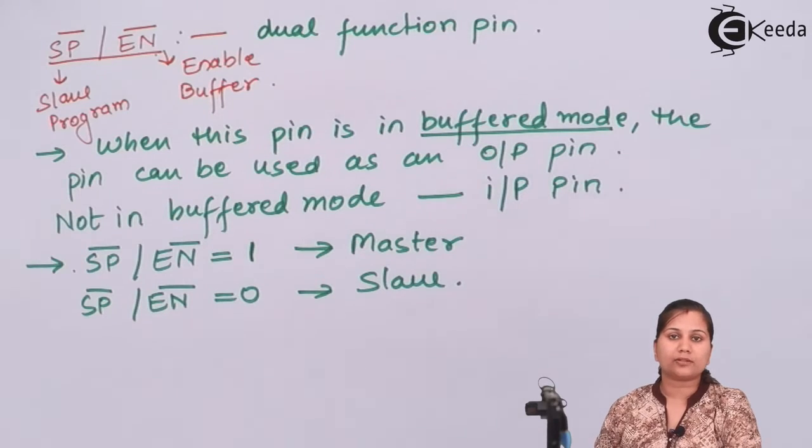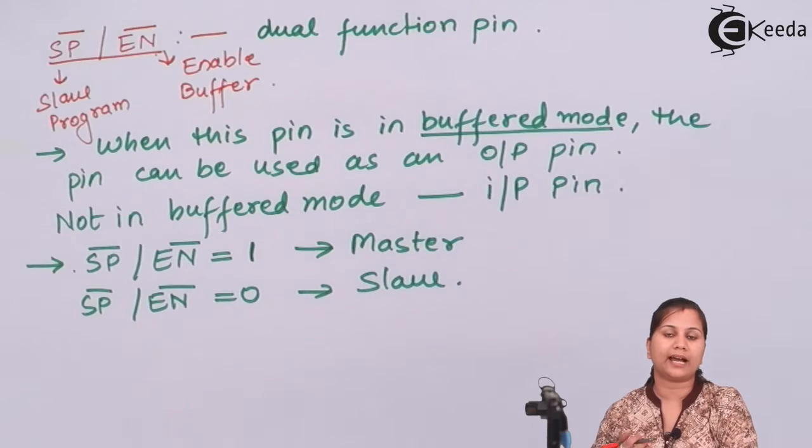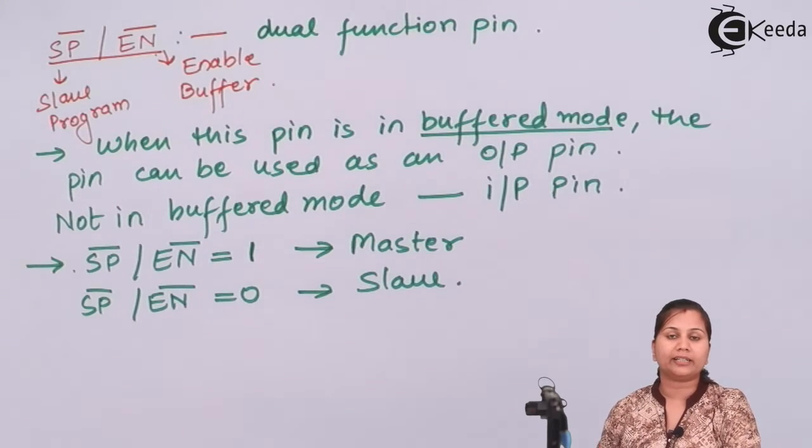The data bus of the 8259 has data bus buffers, and whenever the transfer of data takes place through the data bus, the 8259 needs to enable or disable these buffers.